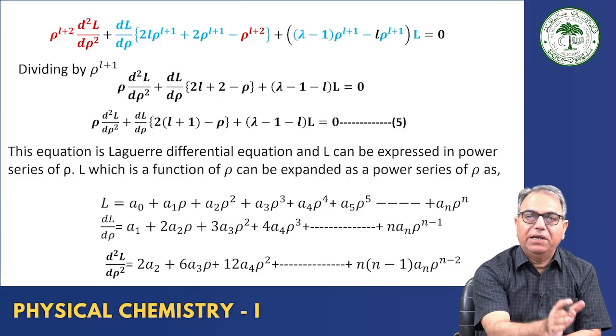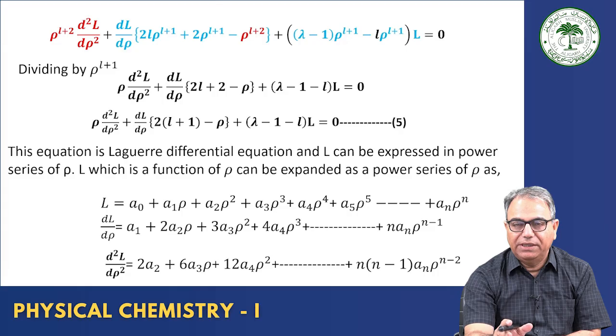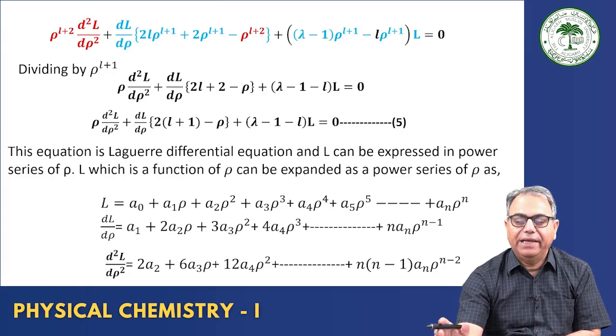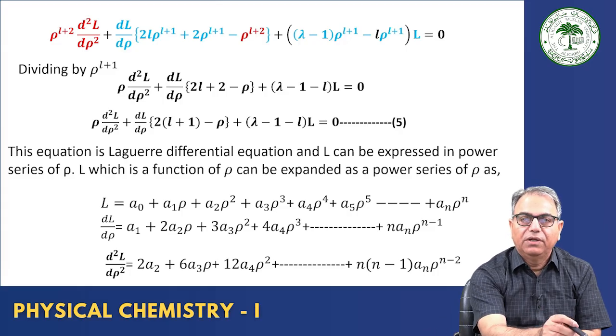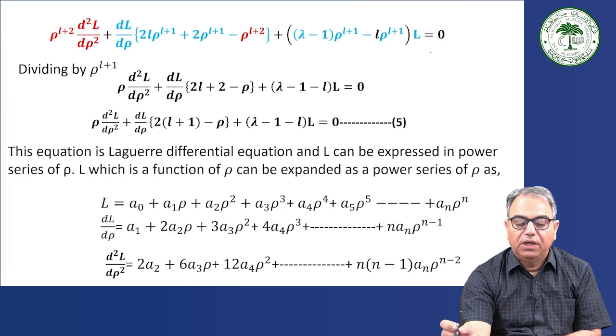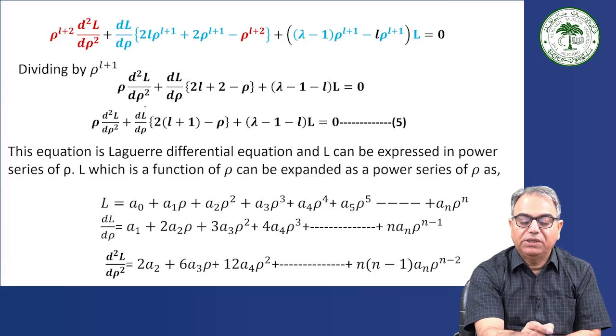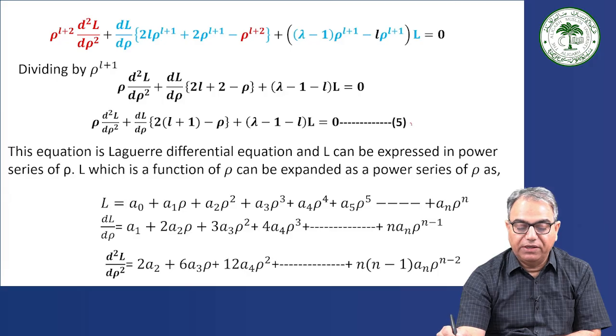So, d²L/dρ² should be the first term, then dL/dρ in the middle, and then L should be on the right hand side of the equation. So, you combine all these terms and you get this value. And if you divide it by rho^(L+1), you get a simpler equation: rho d²L/dρ², dL/dρ becomes equal to this one and then this one. So, you get equation number 5.